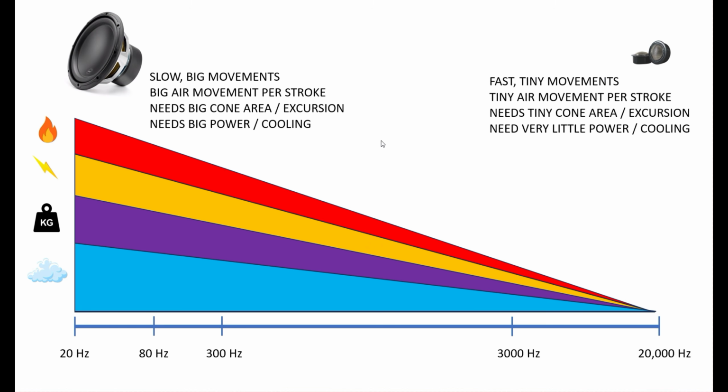More power means more heat, which means more cooling. So as we go from high frequencies to low frequencies, the amount of air we need to move, the size of the cone, the mass of the cone, the power needs and the heat generated all increase.